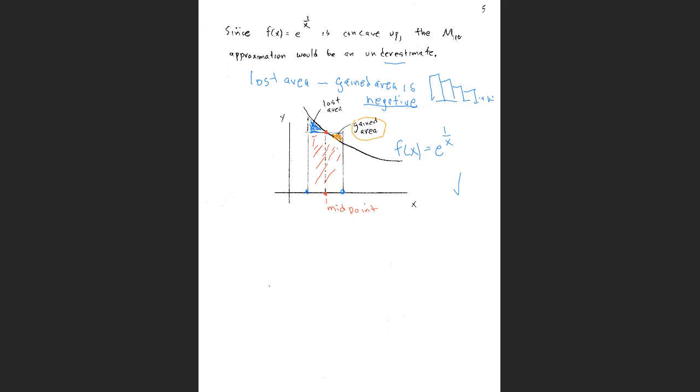Whatever the midpoint rule gives us is going to be less than the true value of the integral. For instance, in this case, the midpoint rule approximation M sub 10 would be less than our integral.